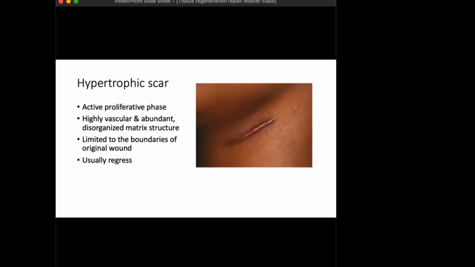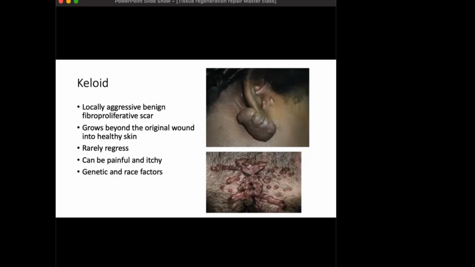They sometimes look the same, but one difference you can establish is that the hypertrophic scar is limited to the original wound, and if you give it time, maybe 6 months to a year, it will eventually regress or become less prominent, whereas the keloid will never regress or rarely regress.